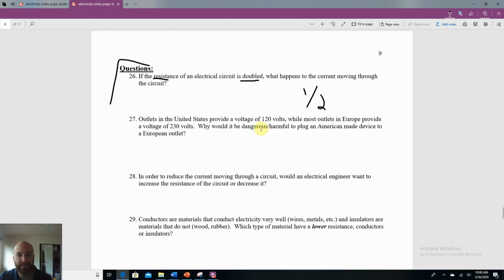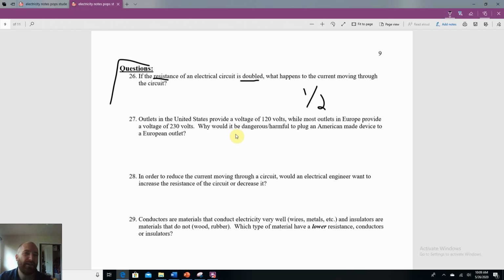27. Outlets in the United States provide a voltage of 120 volts, while most outlets in Europe provide a voltage of 230 volts. Why would it be dangerous/harmful to plug an American-made device into a European outlet? If you've ever been abroad to Europe, you notice that the outlets are shaped differently, and the reason for that is so that you don't plug your device into their outlets.